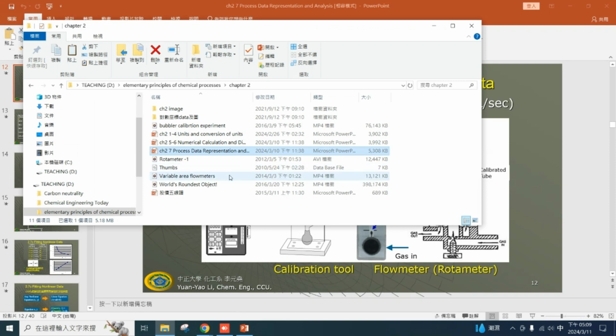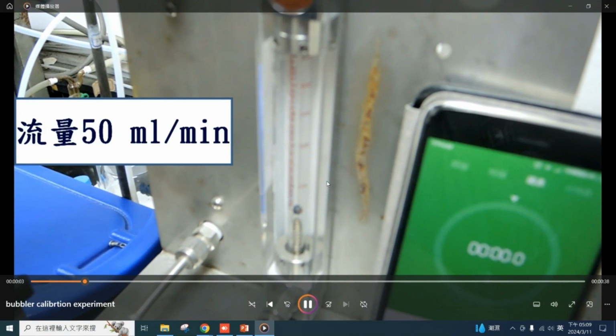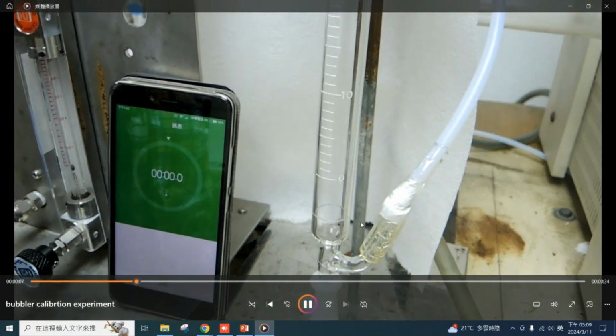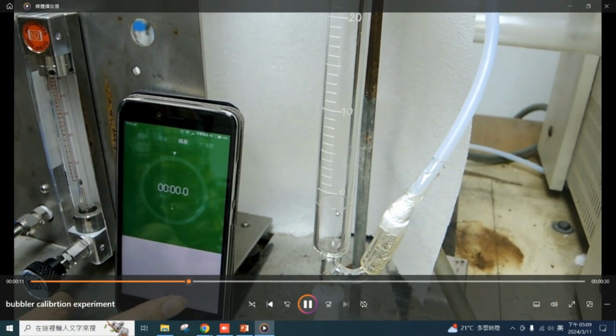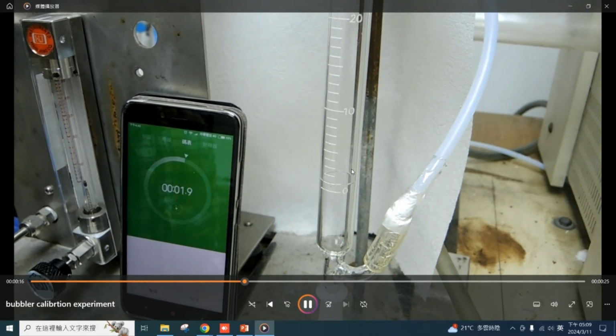This is called the bubble calibration experiment. You can see something like this. This is the bubble I just showed you, and this is a rotameter, right? As you can see here, this is the bubble. I have timers. I start, and it goes up.